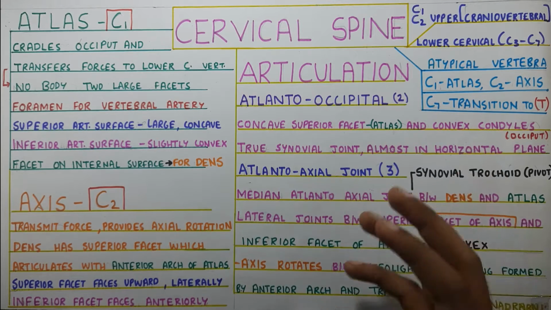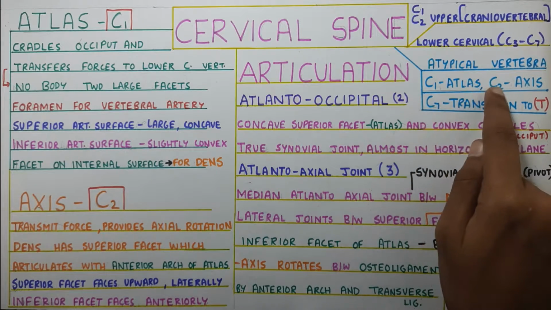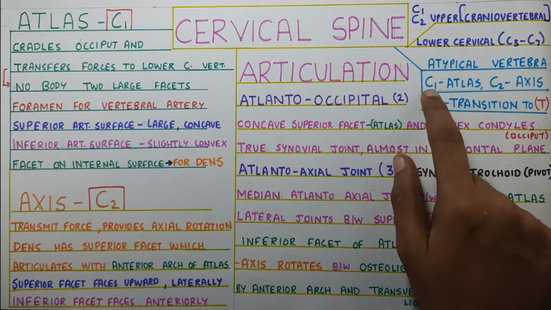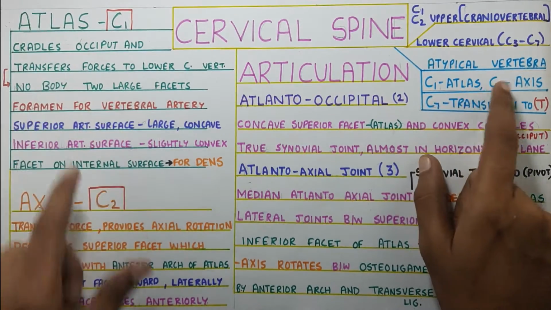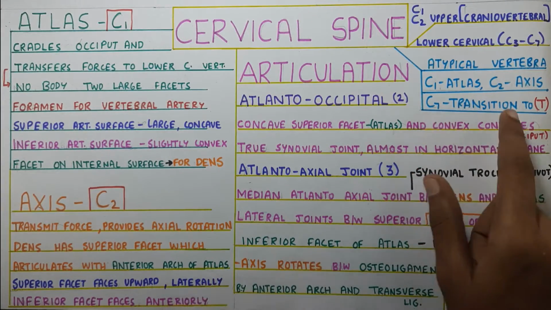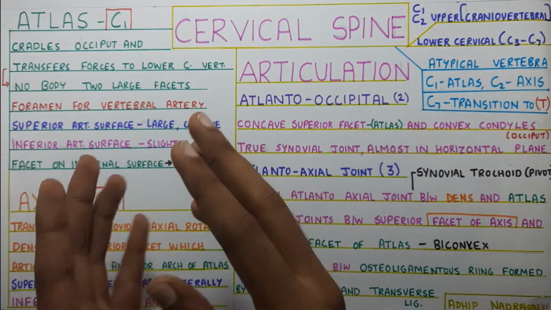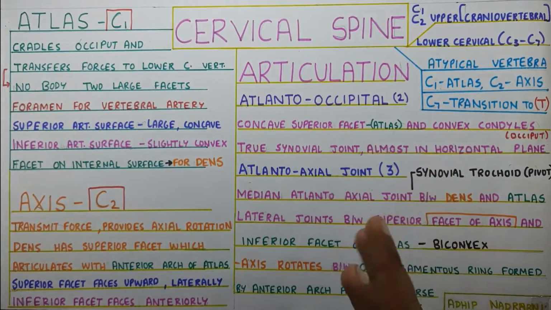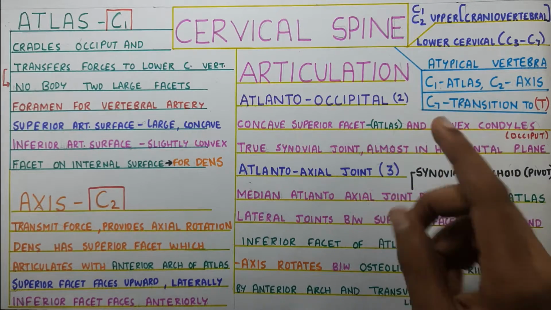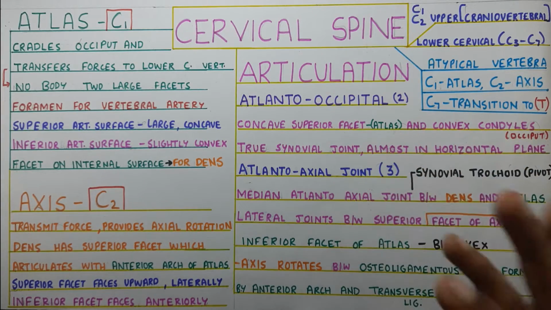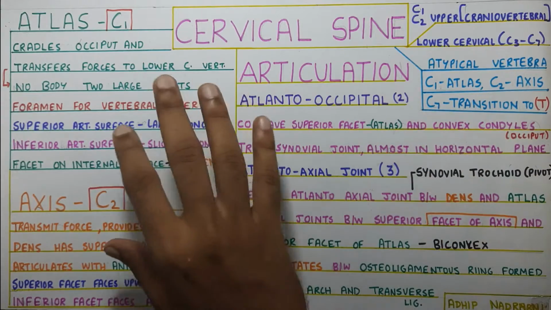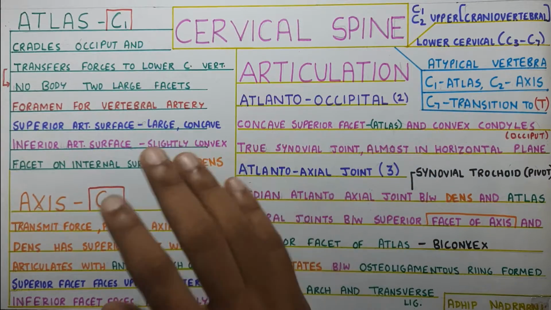Those are your C1, C2 and C7. C1 is called the atlas, C2 is the axis and C7 is the transition vertebra, where the cervical spine turns into the thoracic spine. That transition vertebra is also slightly different. So these are the atypical vertebrae. Let's start with the first atypical vertebra, that is the atlas.